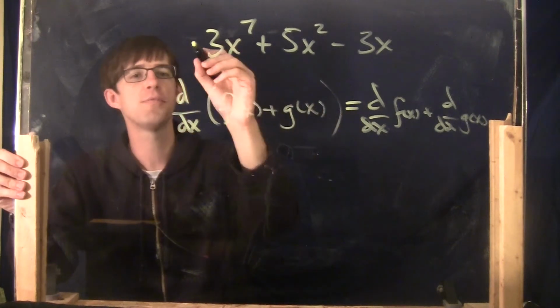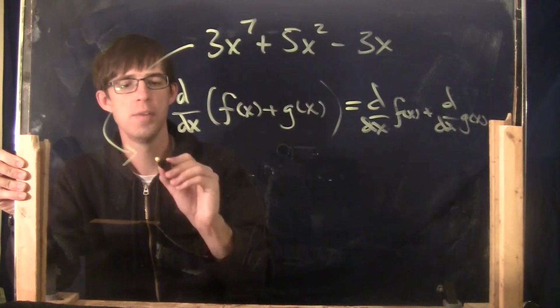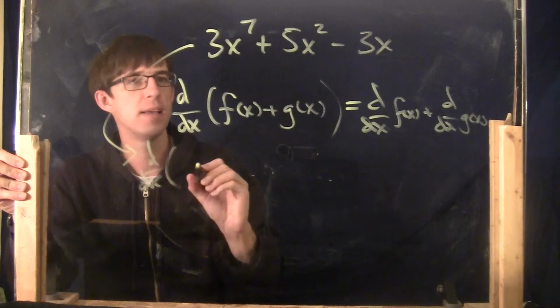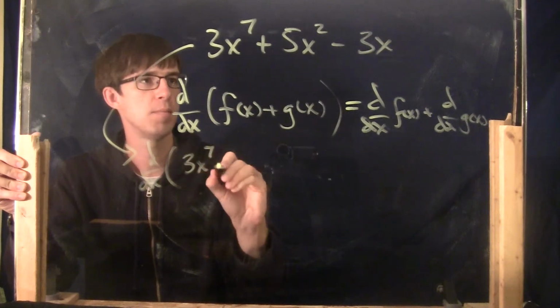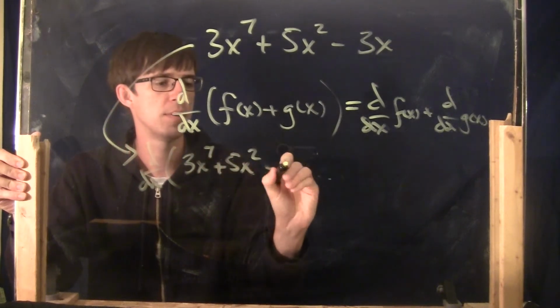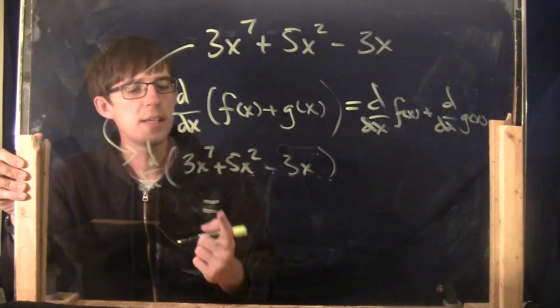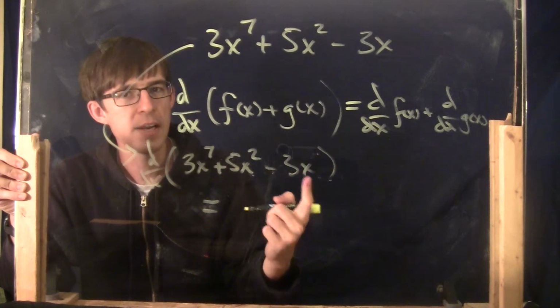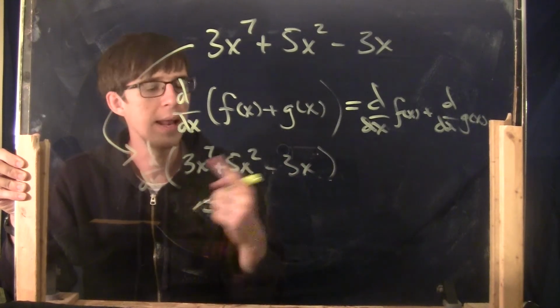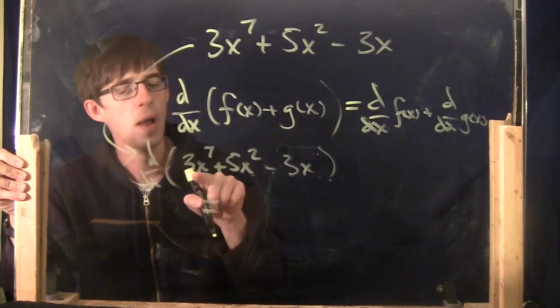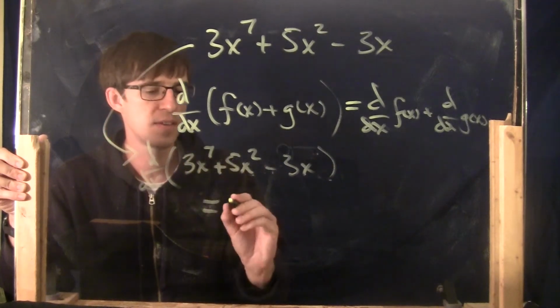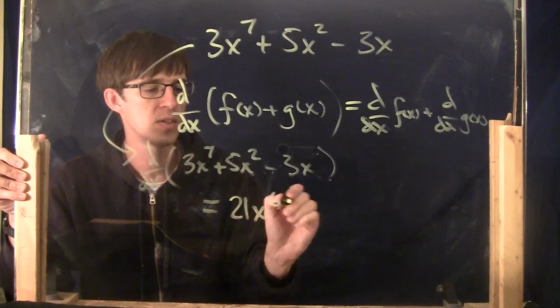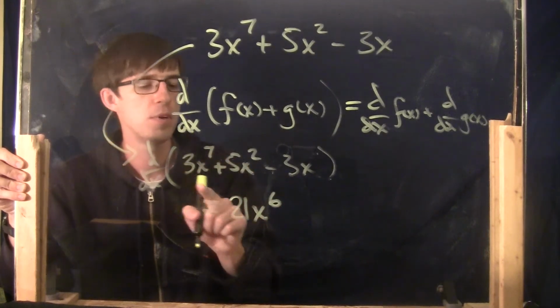All right, what that means is, for example, this here, the derivative of 3x to the 7 plus 5x squared minus 3x, we can simply go down the line and take the derivative of each part and add all the answers together. So I'm going to take the derivative of 3x to the 7. I get 21x to the 6. The 7 multiplies by the 3 to be 21.